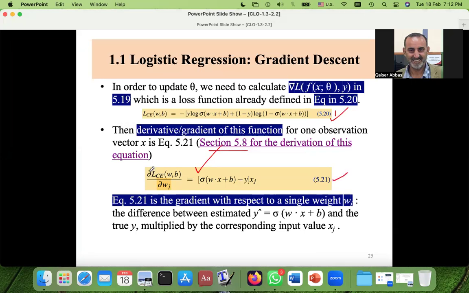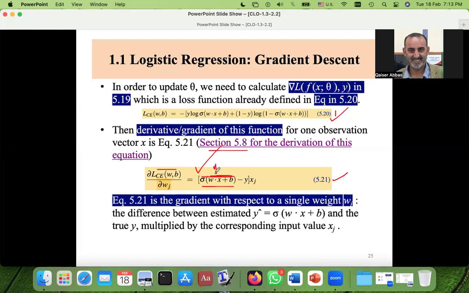And what is it? Partial over partial Wj of the loss on these weights, you will have sigmoid of W dot x plus b minus y, times xj. If I explain, this is my previous z, and this whole sigmoid of W dot x is my y cap, according to my previous studies.